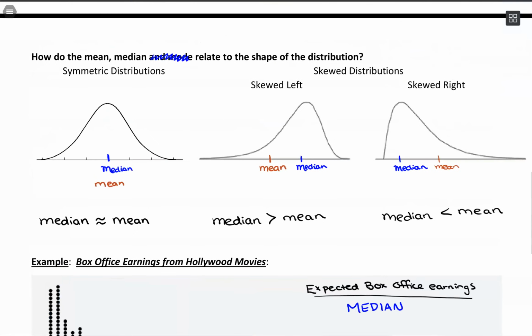When the data is symmetric, they're basically the same, and we can use the mean; it's an accurate measure of center and it takes into account the actual values coming through. So when we have a symmetric distribution, we'll want to describe the center using the mean, but with skewed distributions, we can't really trust that mean because it's being pushed and pulled by our outliers. So what we'll want to use is the median to describe center.